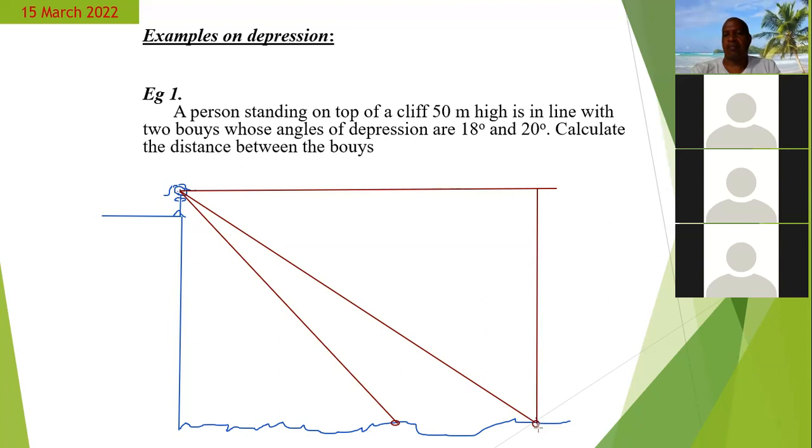Sir, you can draw another one to the horizontal line from this buoy. Well, the one horizontal line would serve for both of them. I'm saying that the one horizontal line would serve for both of them. Okay, sir.